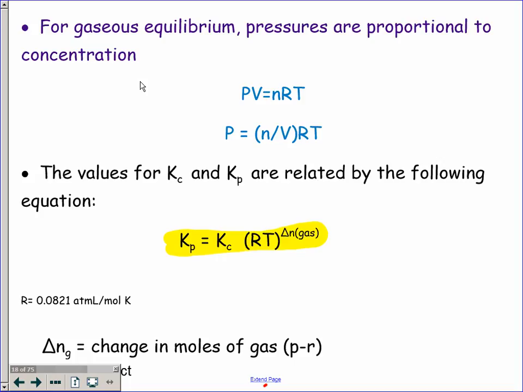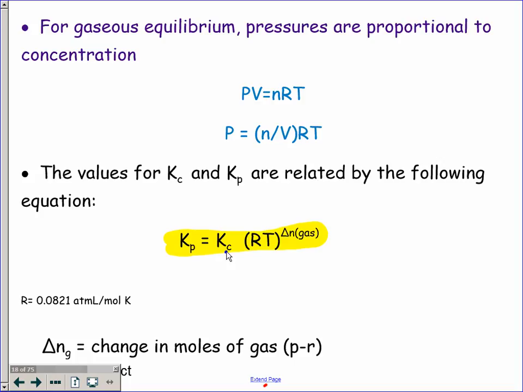Why do you think they called it politically correct? They want you to know the order of the equation, right? They want you to know that Kp comes first, Kc comes second. So Kp is equal to Kc times the combination of RT raised to the delta n power. So Kp is politically correct as C.